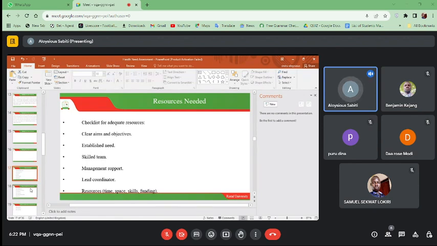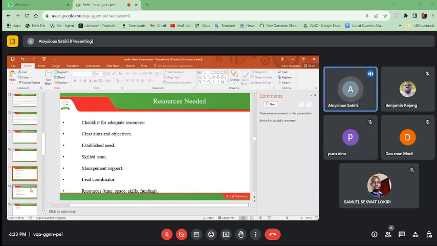So if you look at the checklist for adequate resources, you should be able to check whether you have enough logistics if you're going to do a needs assessment. Another requirement is, do you have enough personnel? So the resources are different, including financial resources, human resources, we're looking at logistics and so forth. So these are all resources that you need to assess or checklist before you implement a needs assessment program.